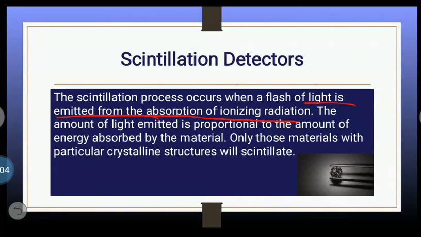Okay? So if earlier in the gas-filled detector, the amount of ionization is equivalent to the energy of the radiation, here, the amount of light that will be emitted will be equivalent to the intensity of radiation. So only those materials with particular crystalline structures will scintillate.